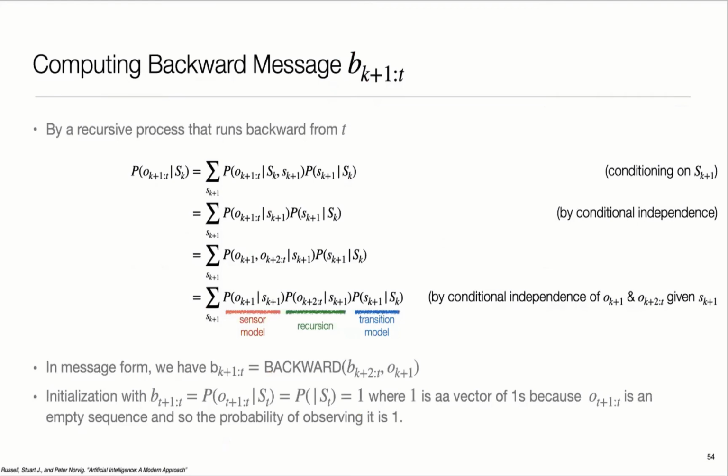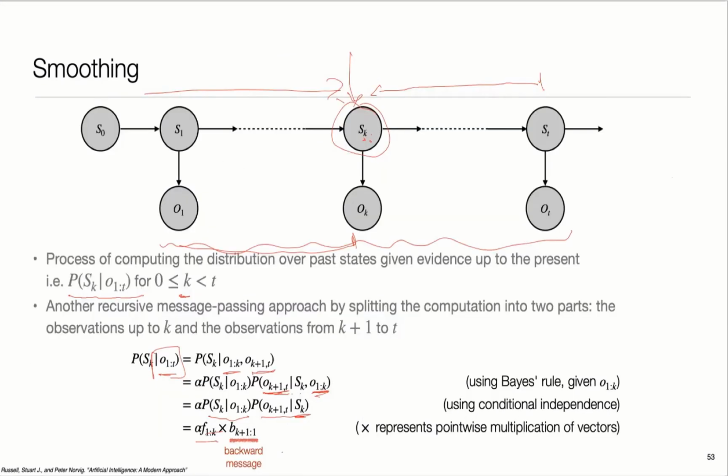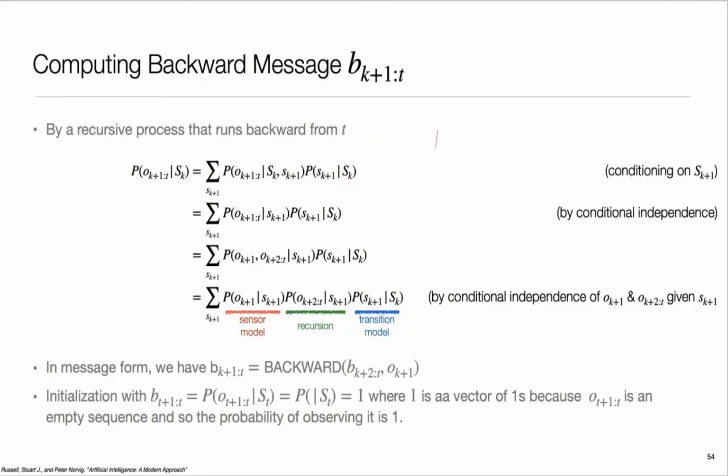Let's delve into it a little bit more to see how it breaks down. Let's look at the backward term, because the forward term we have already done previously. If you look at the backward term, again, we do some manipulations out here. We can condition it upon Sk plus 1, and end up with this term. Finally, you do some algebraic manipulation and you end up with this term, which looks kind of like before.